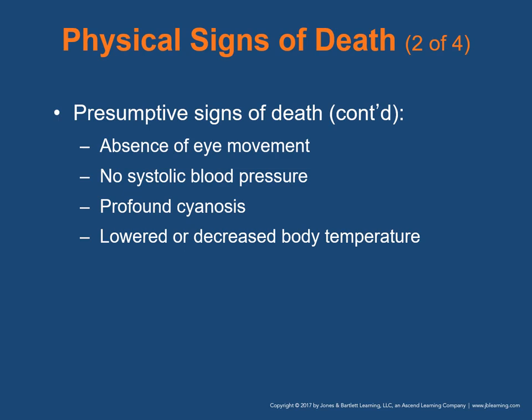Other presumptive signs of death include absence of pupillary reactivity, which is absence of eye movement and/or responsiveness of the pupils in the eyes, no systolic blood pressure, profound cyanosis, and lowered or decreased body temperature.